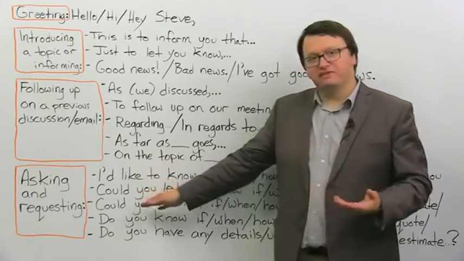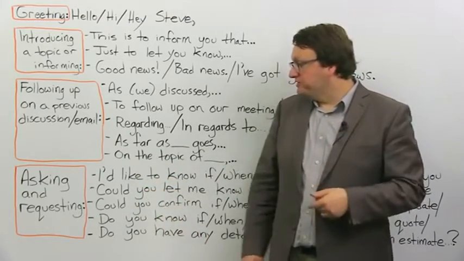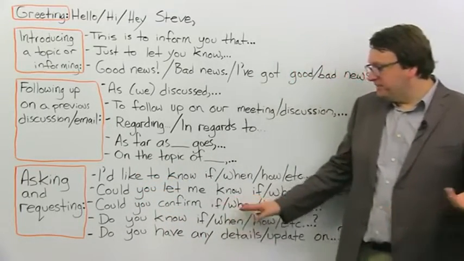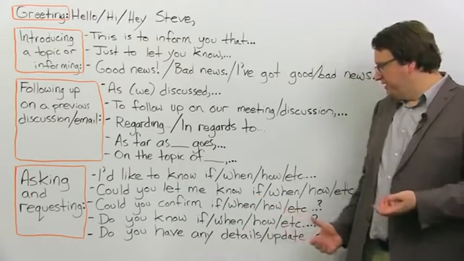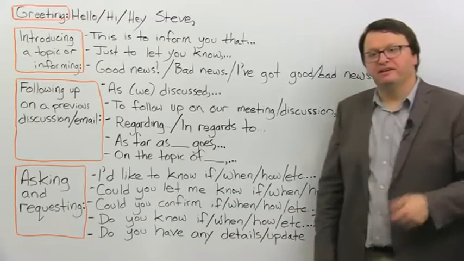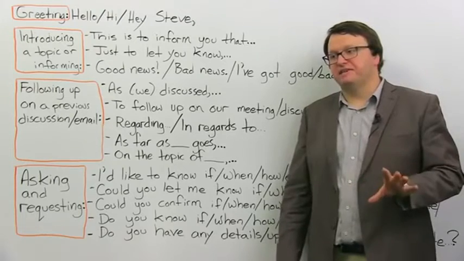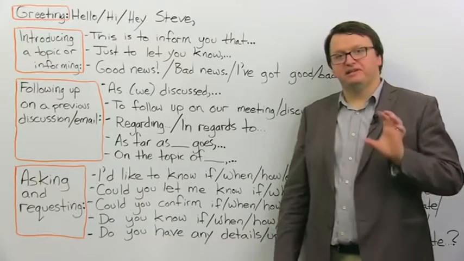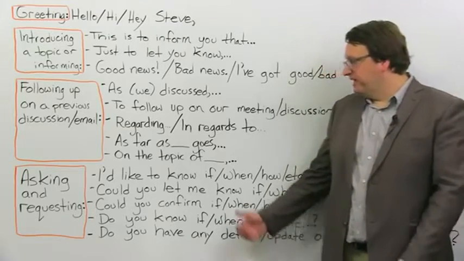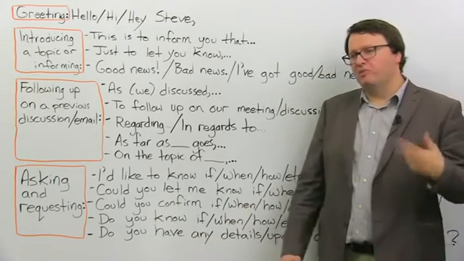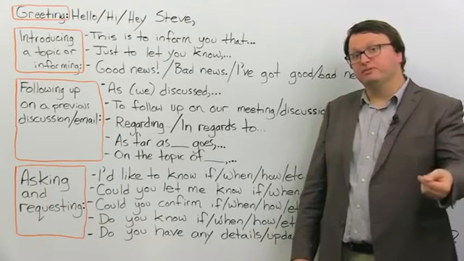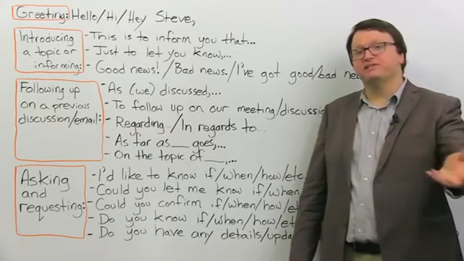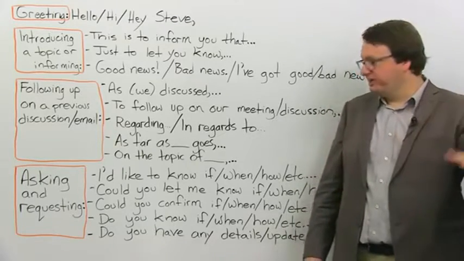Next, instead of saying "I'd like to know," you can also just say, "Hey, could you let me know if, when, how," etc. Maybe you're collecting money because it's Rosa's birthday, in the department, and you can say, "Hey, could you let me know how much money I should contribute for Rosa's present or for Rosa's gift card or whatever."